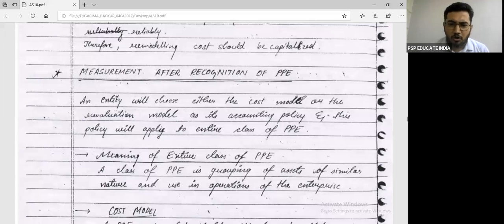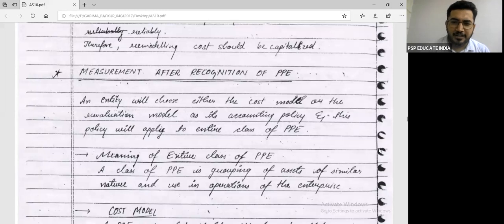Can I use cost model at OP Road and revaluation model at Subhanpura branch? Yes or no? Okay.